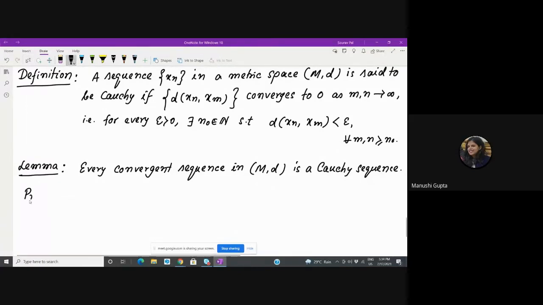Yes, sir. We can use the triangle inequality. Yes, exactly. Thank you. So she is absolutely correct, and I am just following what she is saying.